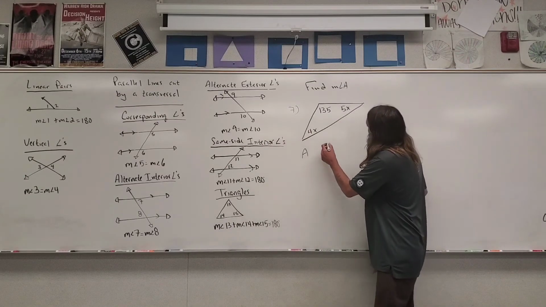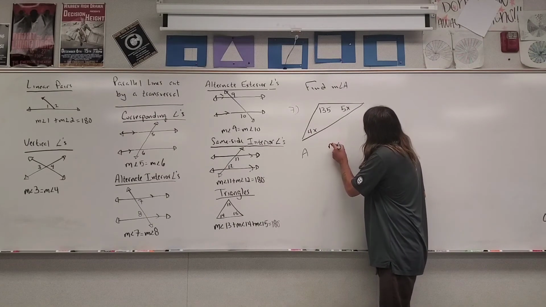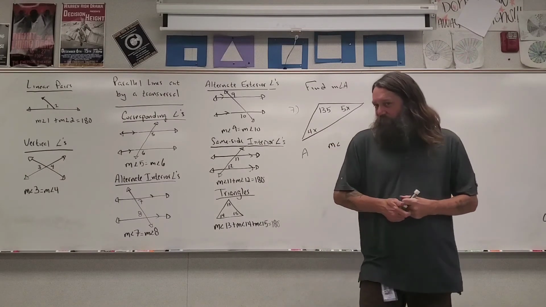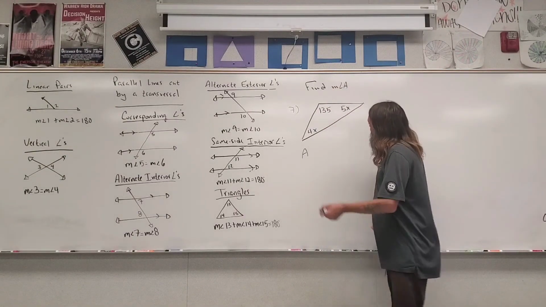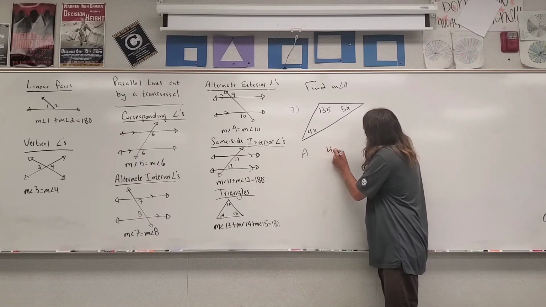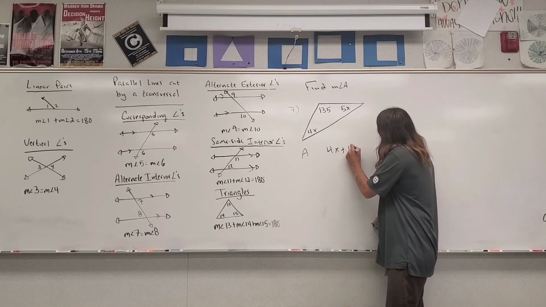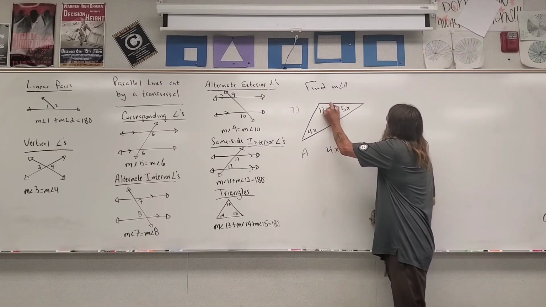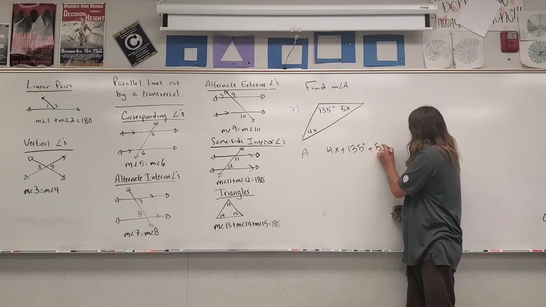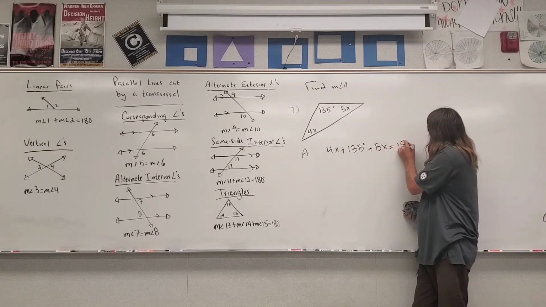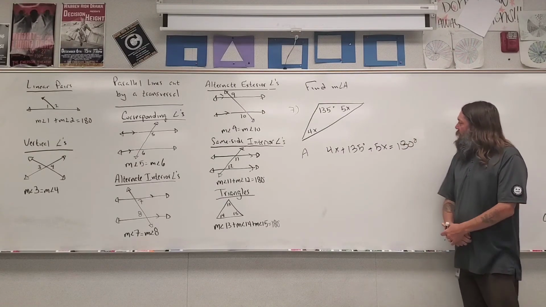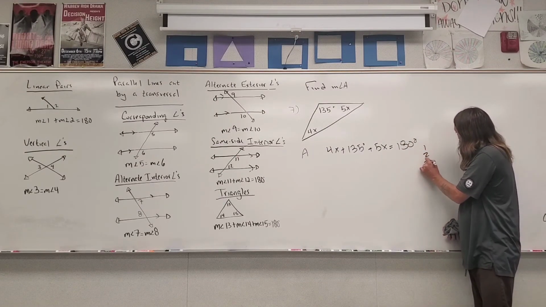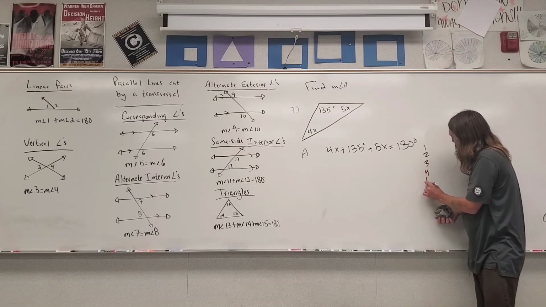So we get 4x plus 135 degrees, plus 5x equals 180 degrees. Again, the 3 angle measures add to 180 degrees, and we still use our 6 steps to solve.